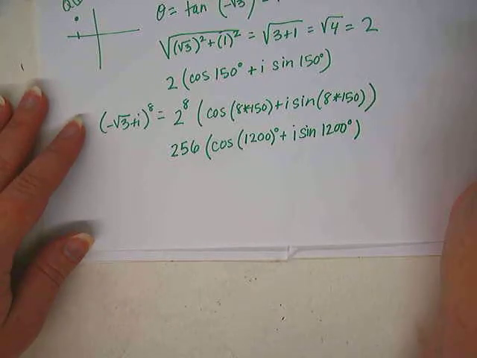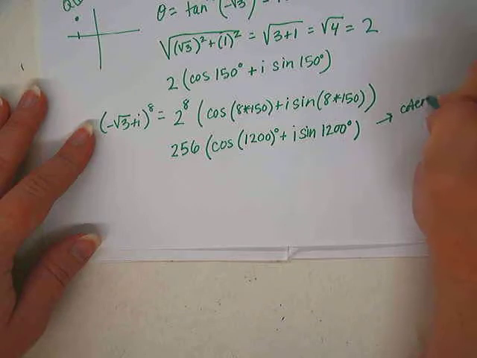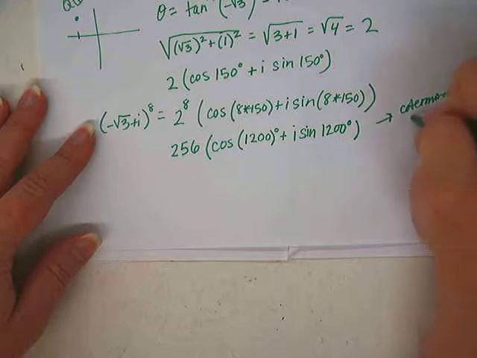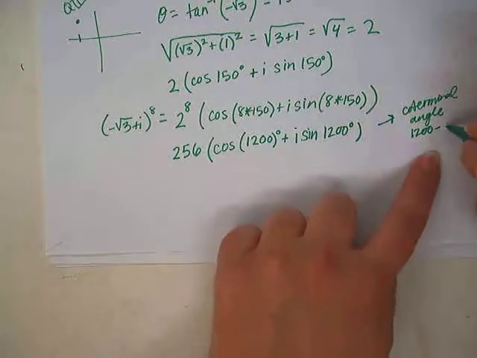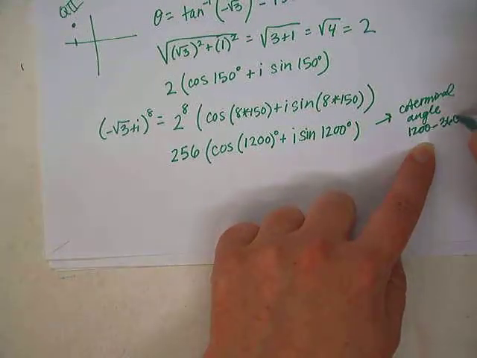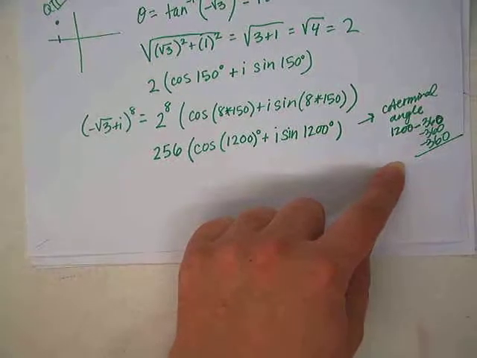So obviously, in order to do this exact, we would want to make sure we get it down to an angle between 0 and 360, correct? So we need to find a coterminal angle. To do that, we take 1200 and subtract 360 a bunch of times.